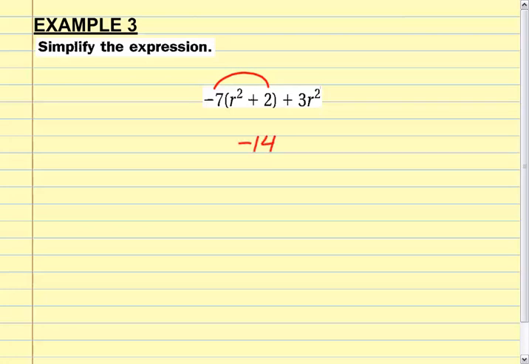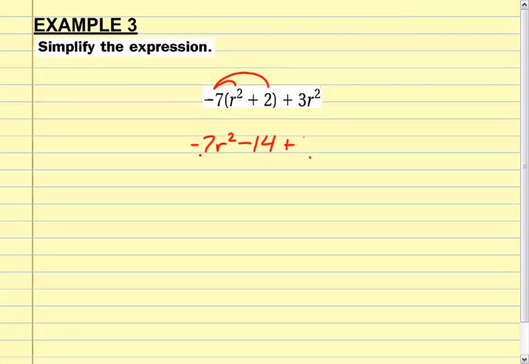And what else? Anything else? Negative 7 times r squared. Okay, and what do we get when we multiply negative 7 times r squared? Negative 7r squared. Do I put that in front of the negative 14 or behind it? In front. So negative 7r squared minus 14. What do I do with this 3r squared back here? Just bring it down.